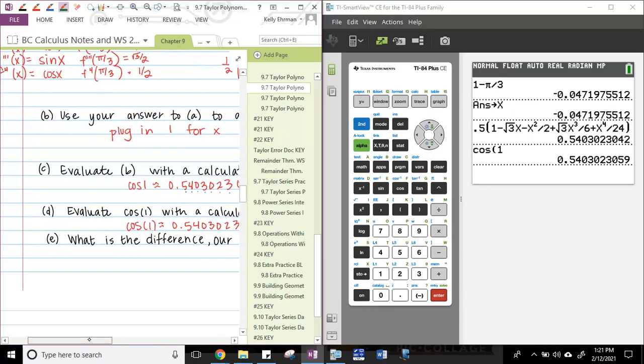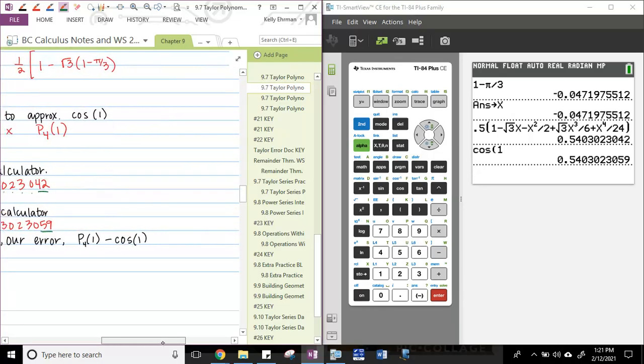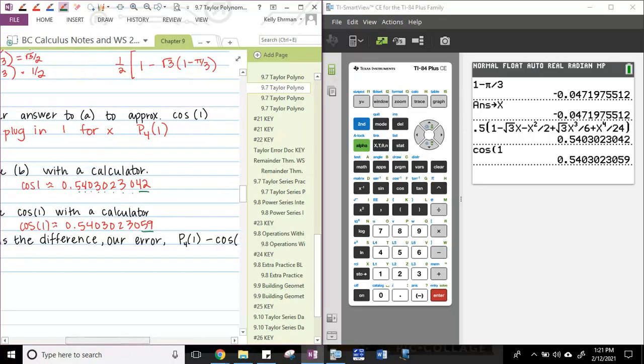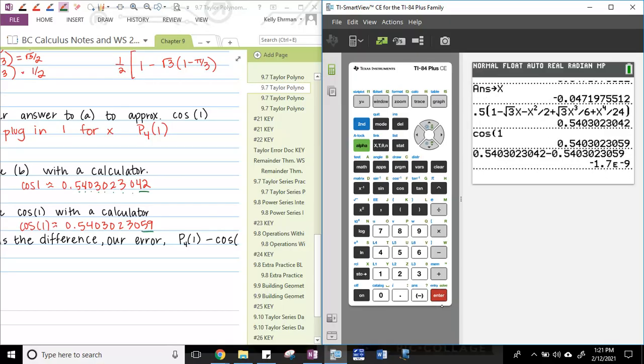So what's the difference? What's the error of our approximation minus our cosine? So I grab those numbers. The approximation minus what the calculator says the value is. Not too far off, right? Negative, so it's 0.0000000017, technically negative. Those are awfully close, right?